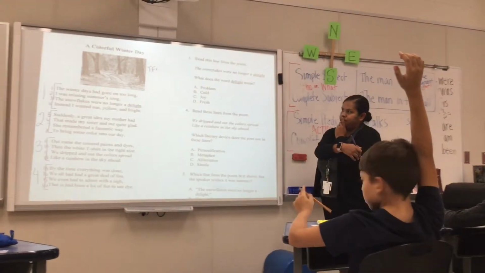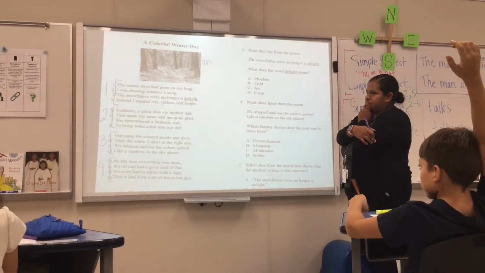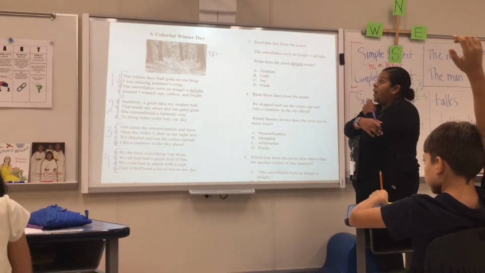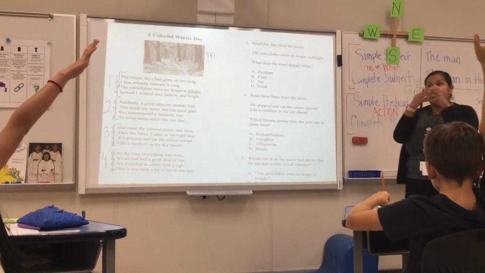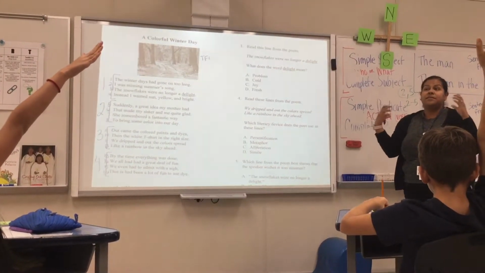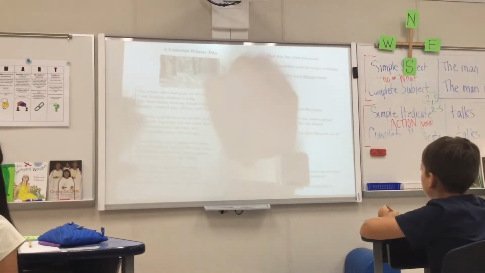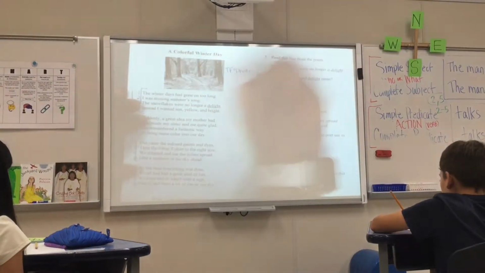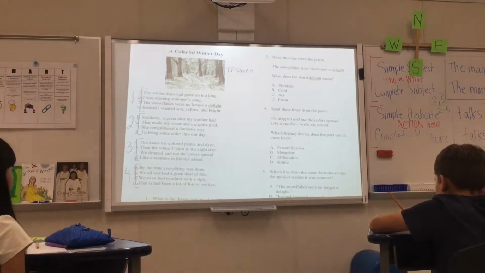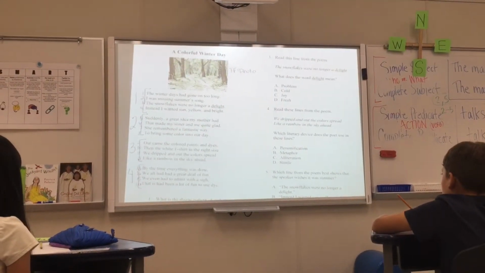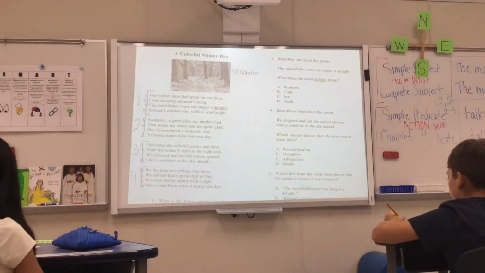What do you think, Miguel? Maybe a picture. What type of picture? Because picture is very general. We want to be a little bit more specific. A photograph. Good. So we're going to label this photo, or if you want to, label it photograph. We're just going to shorten it.